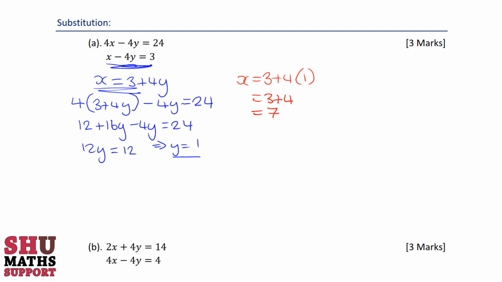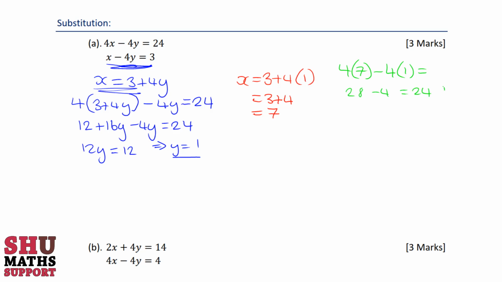We're then able to check our solution by substituting it into both equations. So for the first equation we have 4 times our x value, which is 7, minus 4 times our y value, which is 1, is equal to, well, 4 times 7 is 28, and 4 times 1 is 4, so we have 28 minus 4, which is 24, so we know our solution works for the first equation.